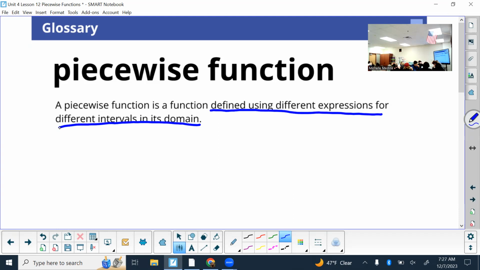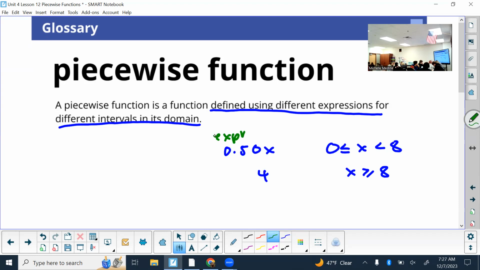So like the different expressions would be for the bell work, 0.50x when x is between 0 and 8, but not necessarily including the 8. Once it hits x greater or equal to 8, then it's just $4. So these would be your different expressions. These would be your different intervals in the domain.